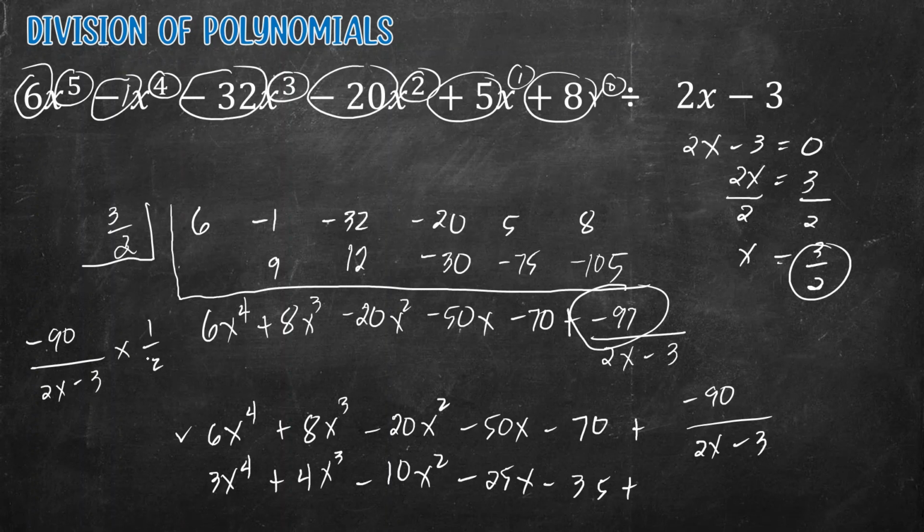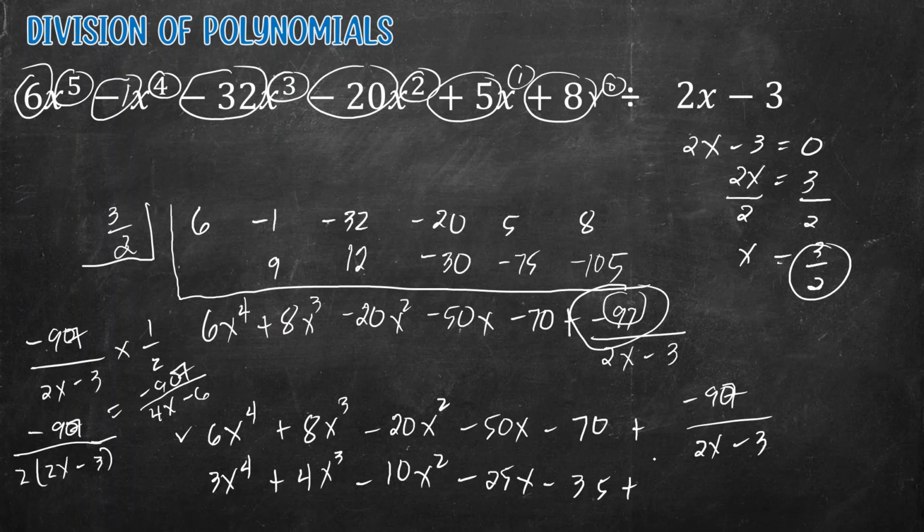Sorry, negative 97 pala. Times 1 half. So, it will become negative 97 over 2 times 2x minus 3. So, it will become negative 97 over 2 times 2x is 4x minus 6.